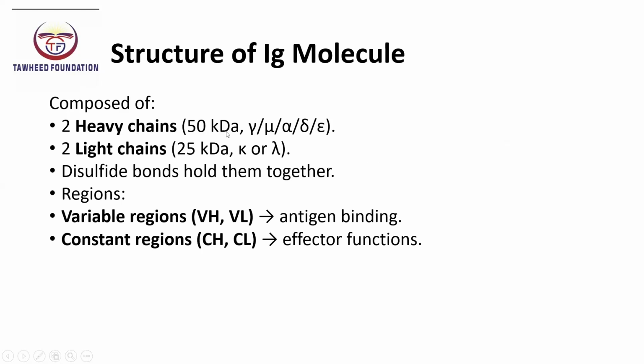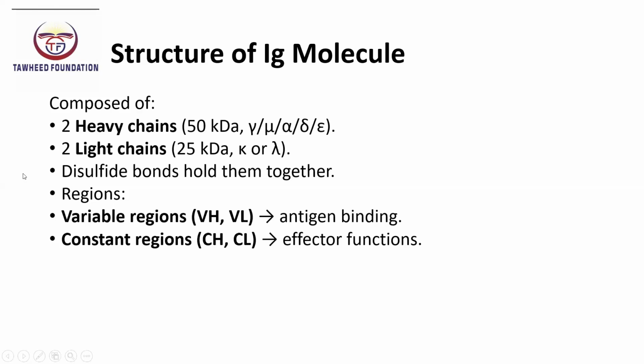Heavy chains, about 50 kDa, are unique to each class of immunoglobulin and determine the class: gamma for IgG, mu for IgM, alpha for IgA, delta for IgD, and epsilon for IgE. So gamma, mu, alpha, delta, and epsilon for different immunoglobulins.